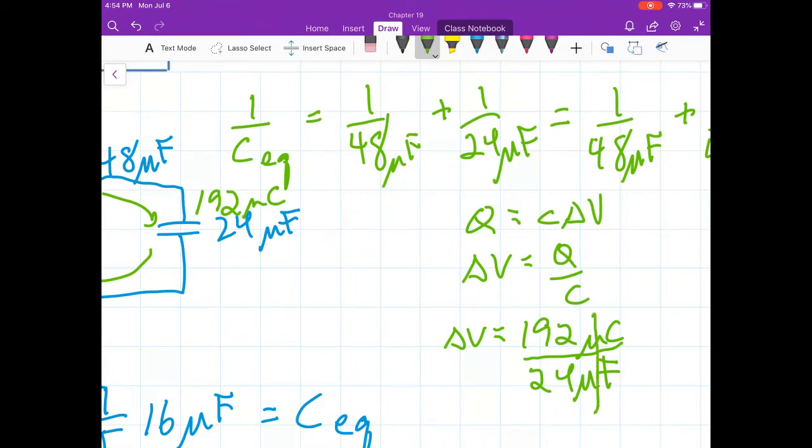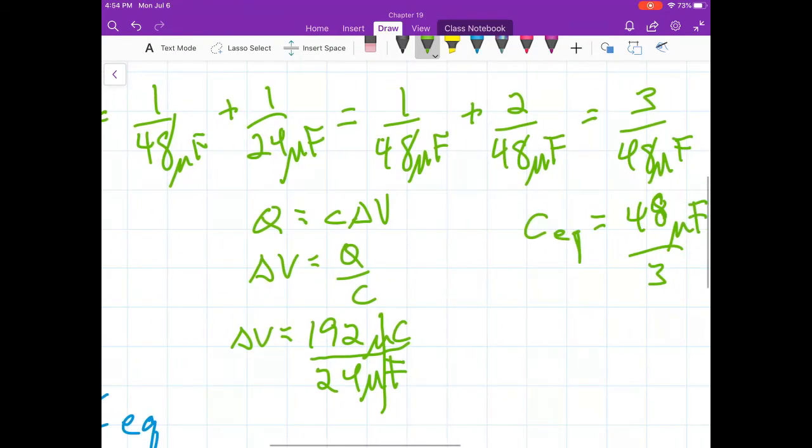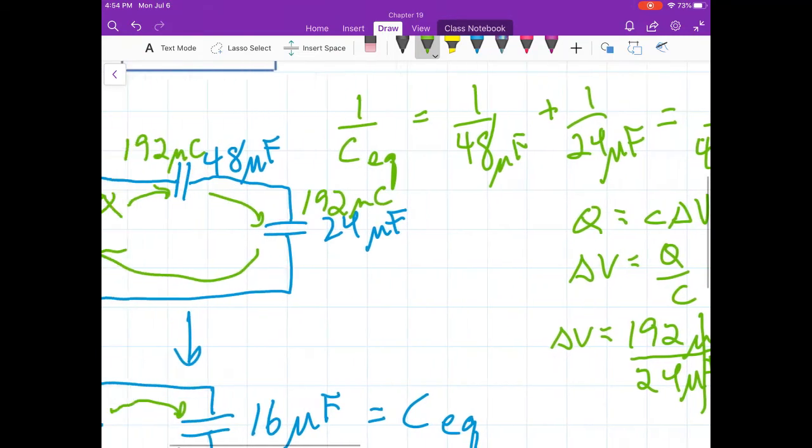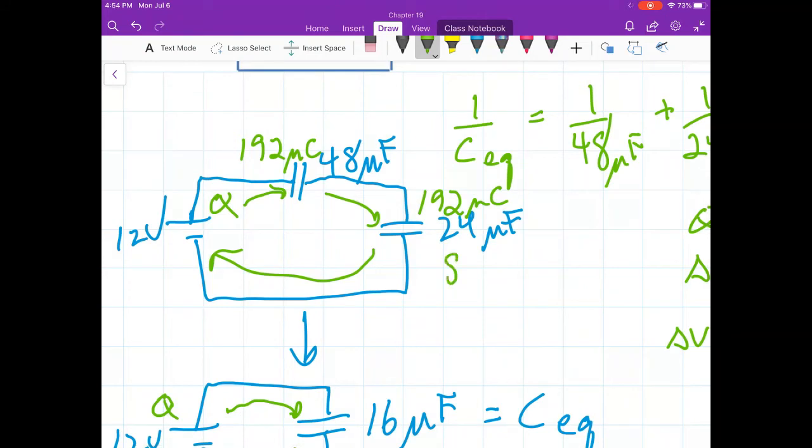The micro cancels out. 24 goes into 192 8 times, so you have 8 coulomb per farad. I'm measuring delta V, so the context tells you it's volt, and the units tell you it's coulomb per farad. So this capacitor has 8 volt on it.